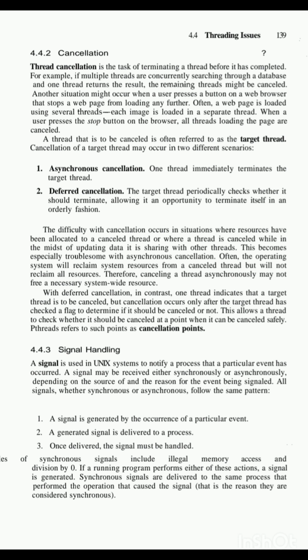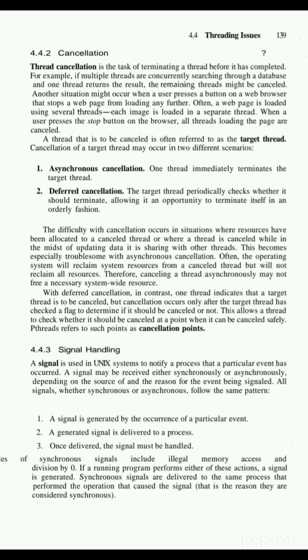The difficulty with cancellation occurs in situations where resources have been allocated to a cancelled thread, or where a thread is cancelled while in the midst of updating data it is sharing with other threads. This becomes especially troublesome with asynchronous cancellation. Often, the operating system will reclaim system resources from a cancelled thread but will not reclaim all resources.